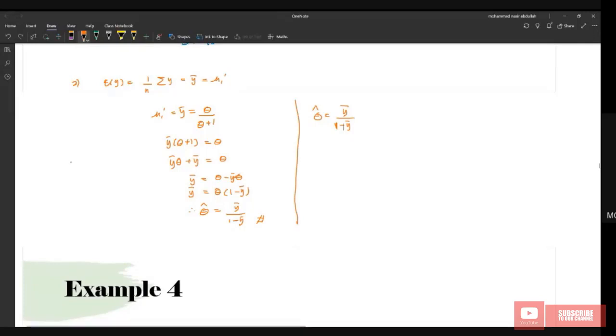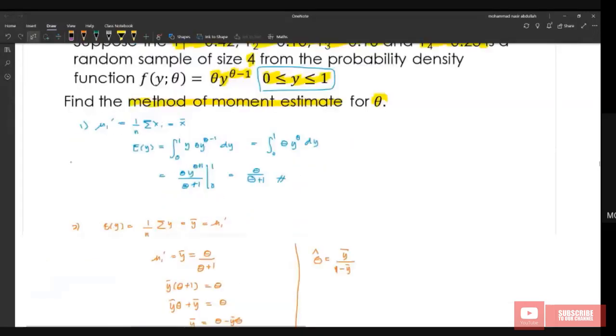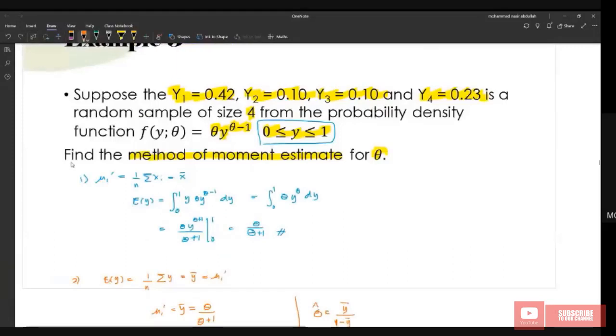So based on the example, y1 is 0.42, y2 is 0.1, y3 is 0.1, and y4 is 0.23. So y bar is equal to how much? 0.42 plus 0.1 plus 0.1 plus 0.23 divided by 4. So this should be 0.35.